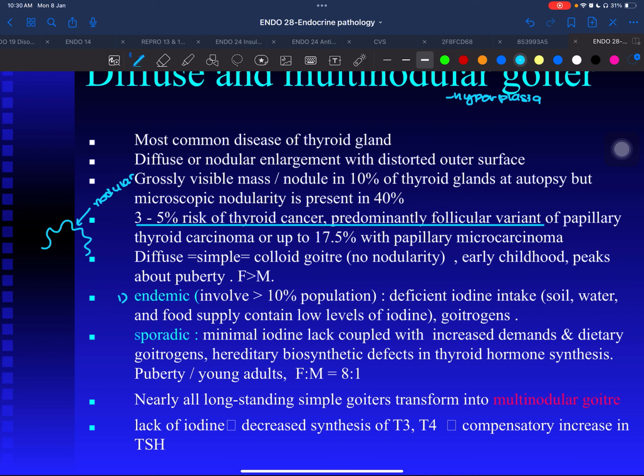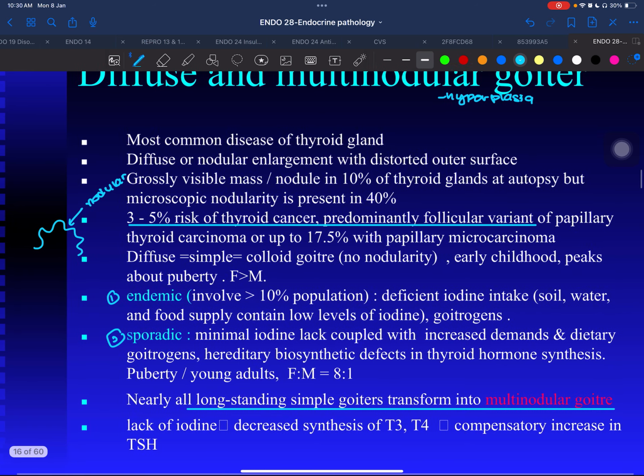So a goiter, if it's very big, it causes problems, it has to be removed, and it also has about 5% of developing cancer. Predominantly the follicular variant of papillary thyroid carcinoma. Usually which cancer? The cancer called papillary carcinoma. Okay, and up to 17.5% with papillary microcarcinoma.